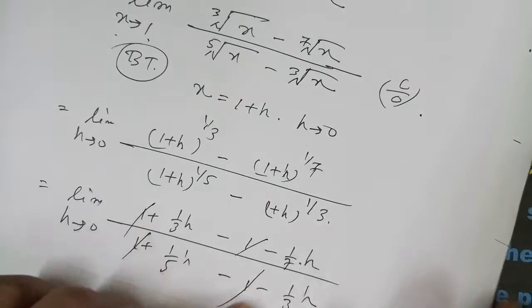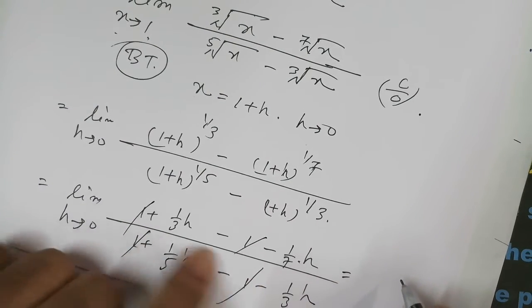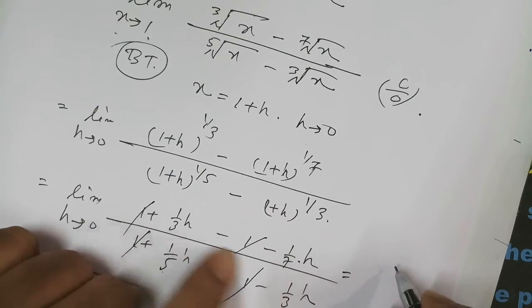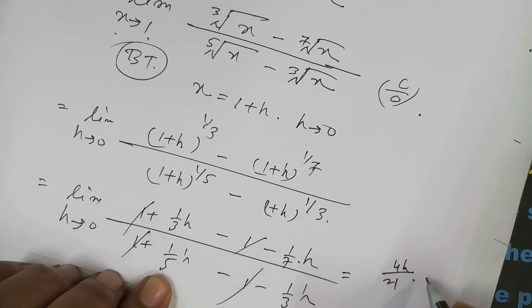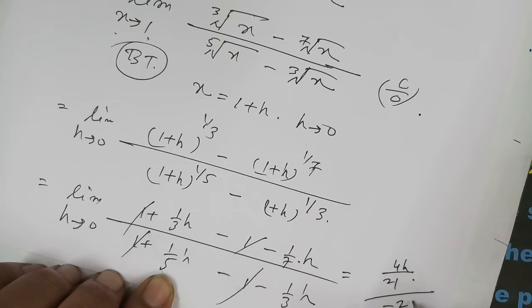and now after simplification this will be 1/3 minus 1/7, that is 4h upon 21, and this will be 1/5 minus 1/3, that is minus 2h upon 15.